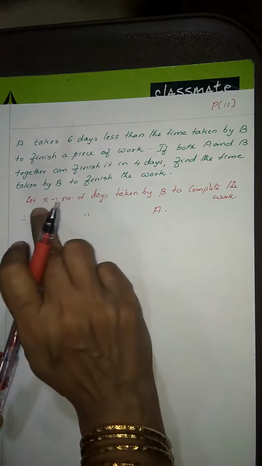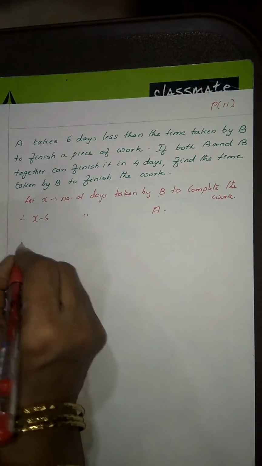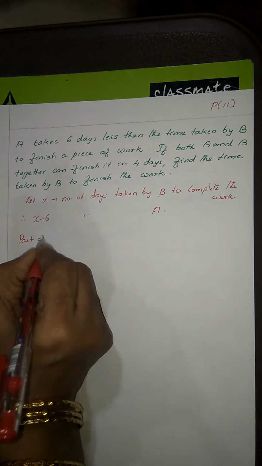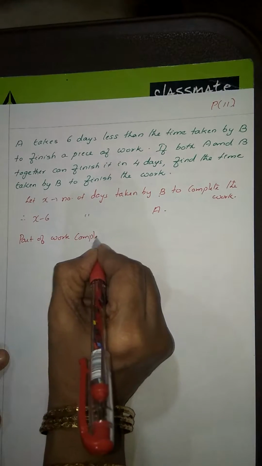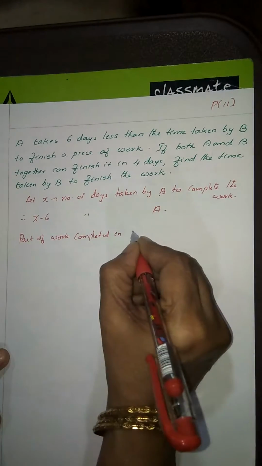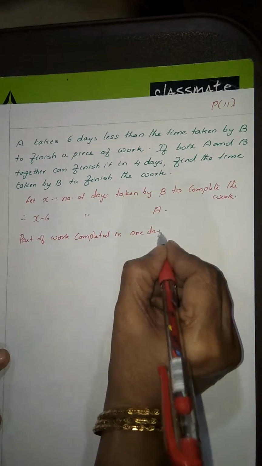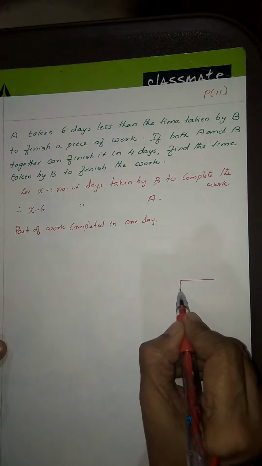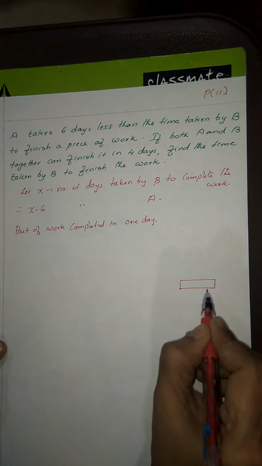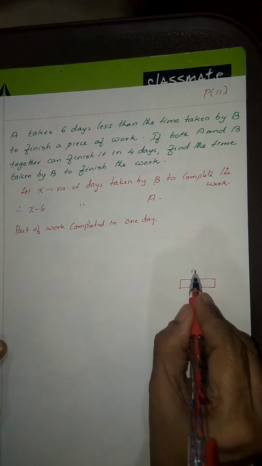So what is the part of work completed in 1 day? For example, suppose this is a piece of some work which is completed in 4 days.